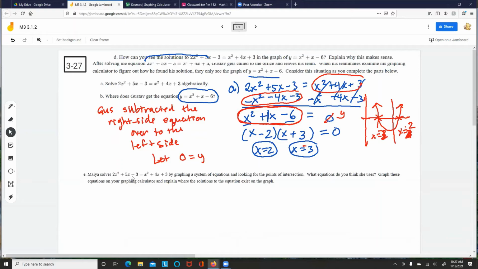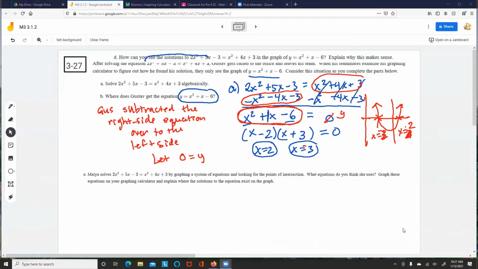Maya solves 2x squared plus 5x minus 3 equals x squared plus 4x plus 3 by graphing a system of equations and looking for the points of intersection. What equations do you think she uses? Graph these equations on your graphing calculator and explain your solutions. So if I graph this, I should get a, what?